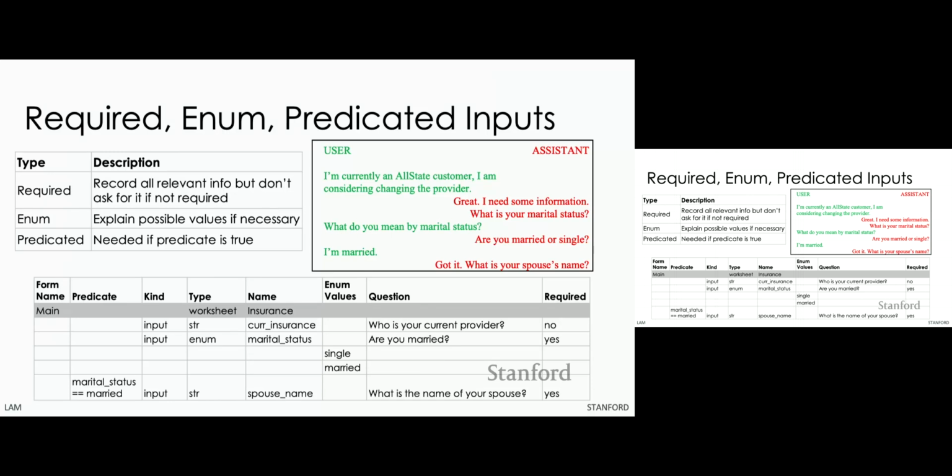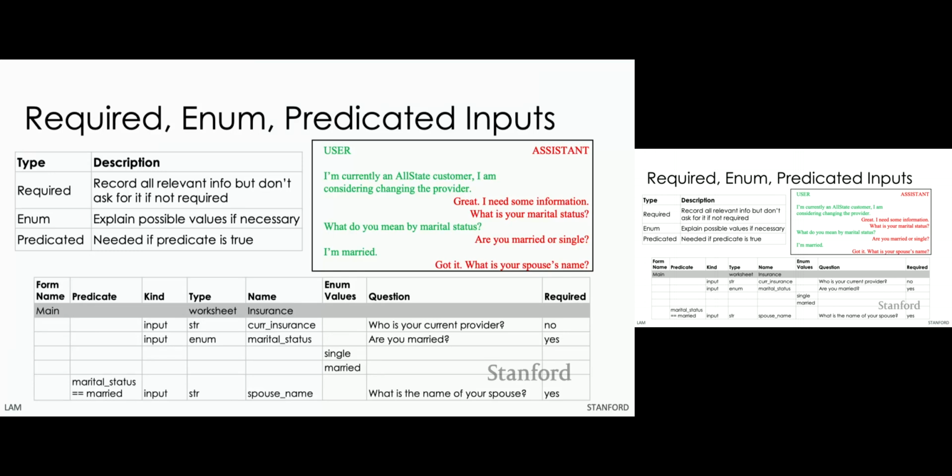So parameters can be required. And I say, okay, I need some information. What's your marital status? So that's the first line, by the way. I mean, who is your current provider? The second question is, what is your marital status? Normally, when you're on a website, you tick single or married. I don't want it to be general free text. I want it to be an enumerated type, right?